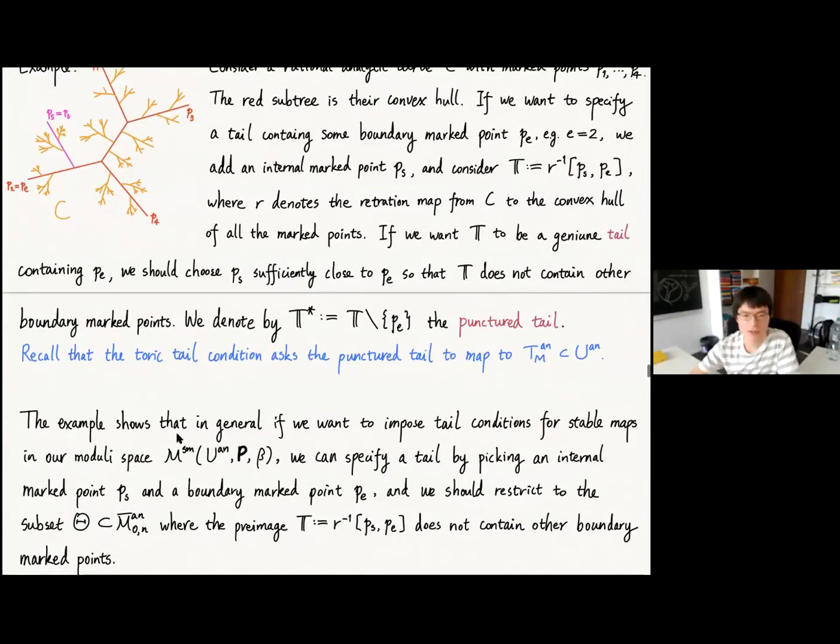The example shows that in general, if we want to impose tail conditions for stable maps in our moduli space M smooth, we can specify a tail by picking an internal marked point PS and a boundary marked point PE, and we should restrict to the subset theta inside the space of domain moduli where the pre-image T, that is pre-image by R of this path, does not contain other boundary marked points.